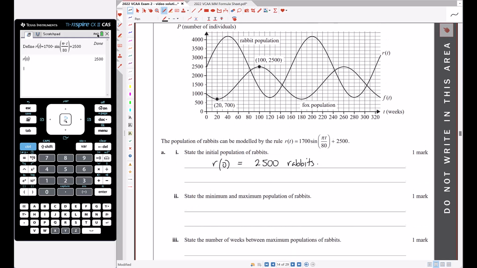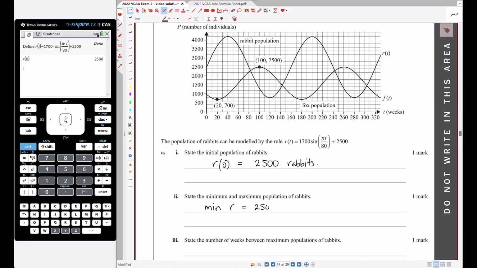State the minimum and maximum population of rabbits. Okay, so the minimum value of r is going to be 2,500 plus the amplitude, which is 1,700, sorry, that's maximum, so minus the amplitude, which is 1,700. Which is 800.